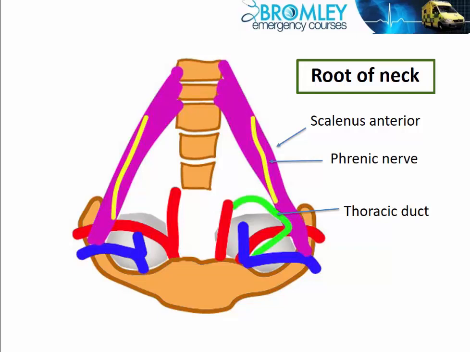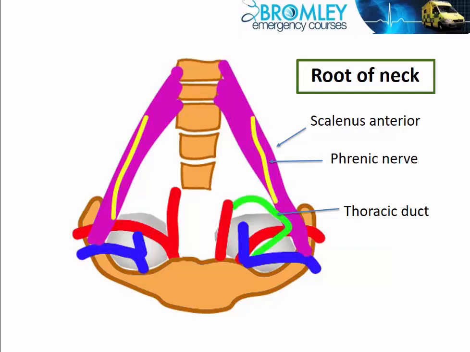We can also see how the subclavian vein runs over the top of the first rib, and of course the clavicle isn't shown here, but the clavicle would lie superior to the vein, and we would access the subclavian vein from its position underneath the clavicle.